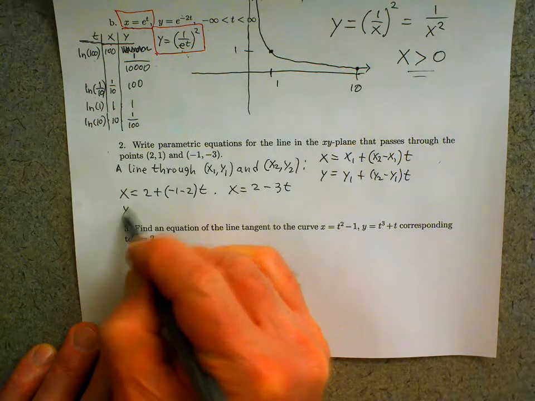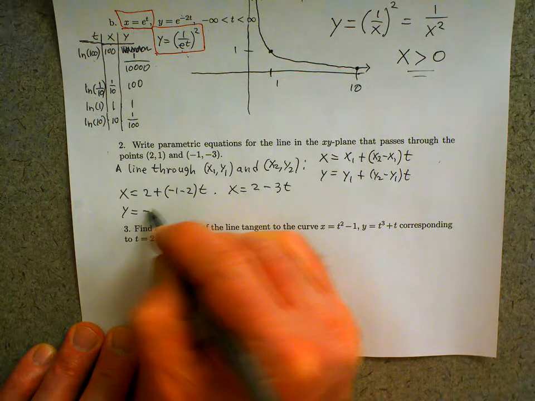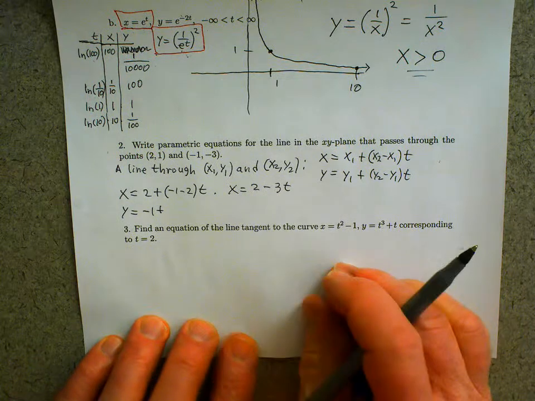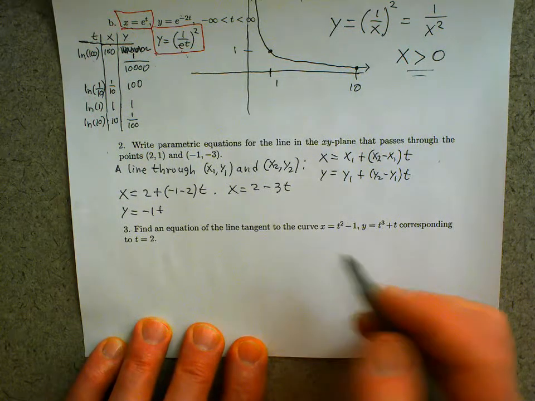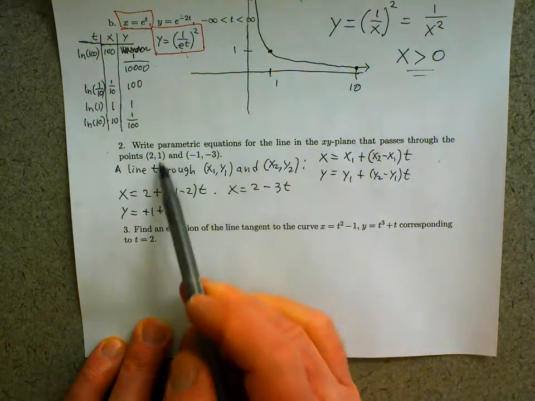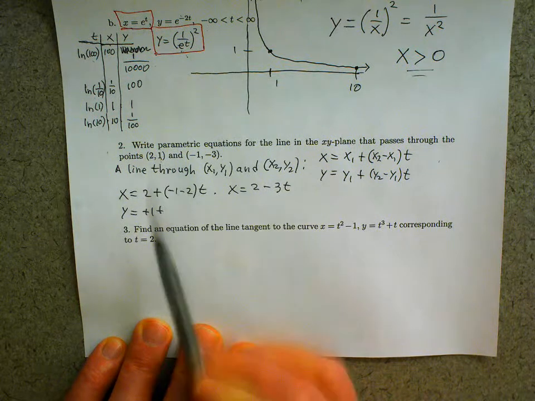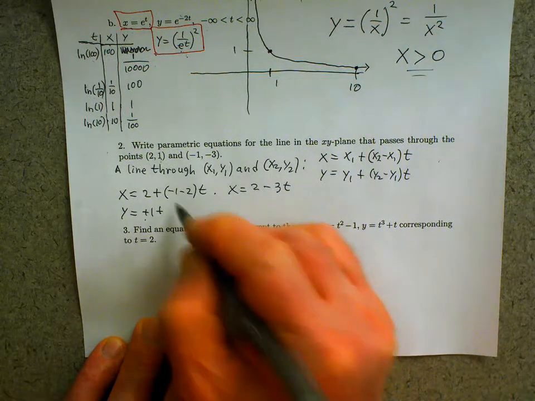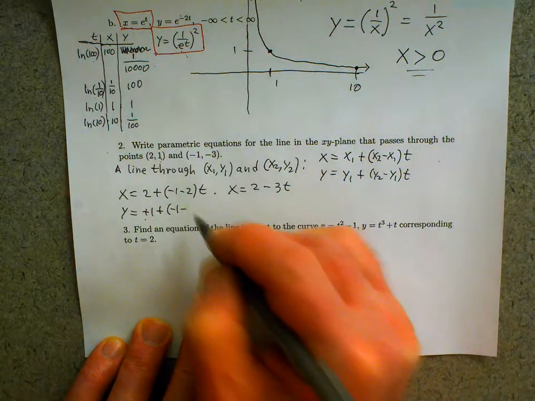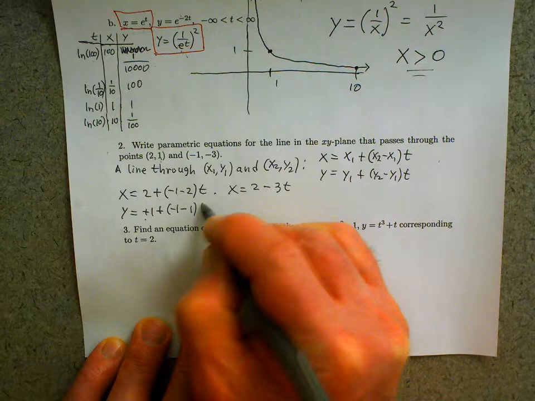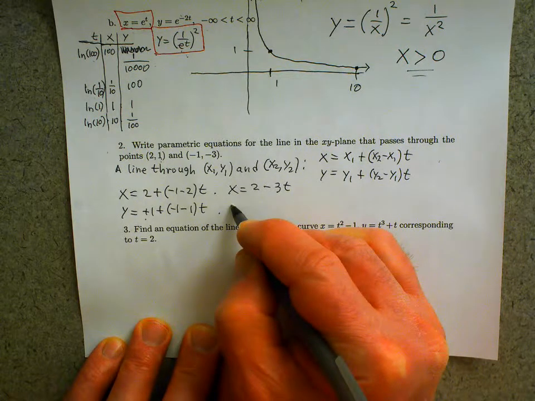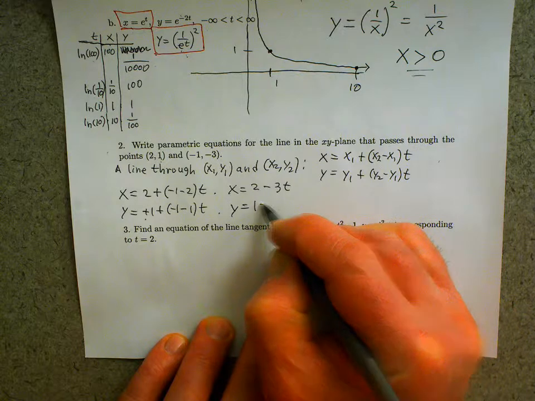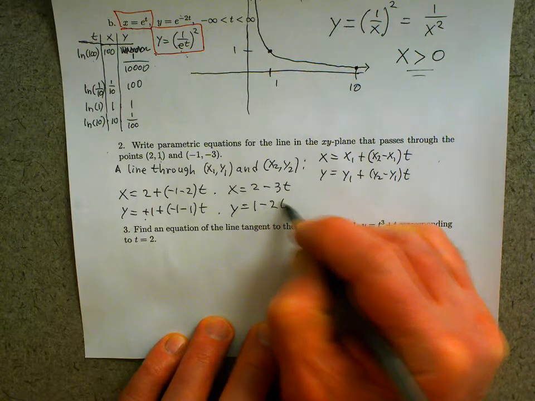Then for the y-coordinate, sorry, +1 is the y-coordinate that we're starting at. So 1 plus -1 minus 1 times t. So the y-coordinate is 1 minus 2t.